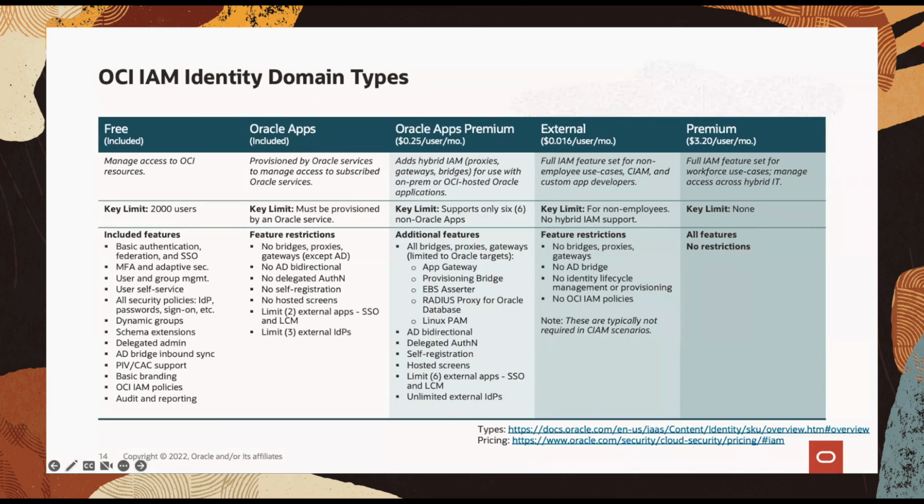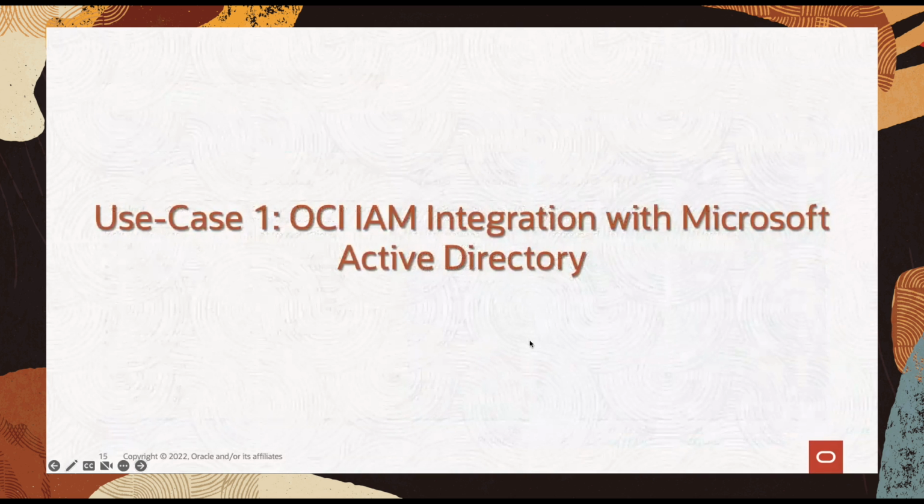Okay, so now let me start with the use cases. I have created a couple of use cases to discuss here. The first use case is how we can integrate OCI IAM with the Microsoft on-premise Active Directory.